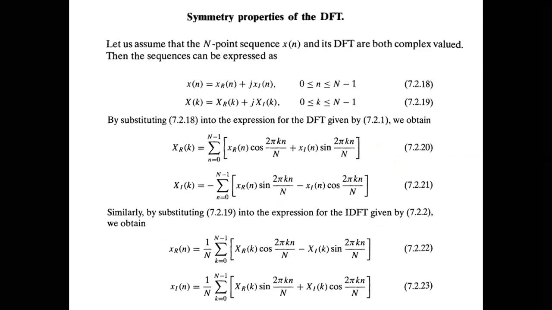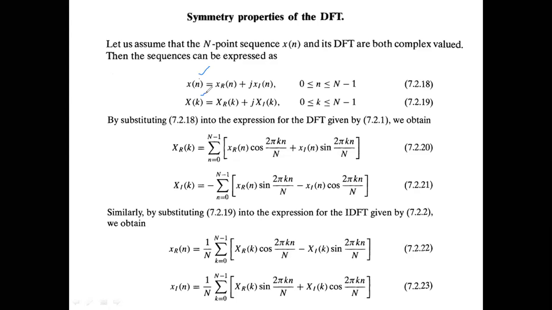Let us check. So here, what the author says is, the author has just, this is not a proof of anything. It's just a statement where he has broken down the things. So you can see, if this is x of n to be broken down into a real segment and the imaginary ones and the corresponding DFT.